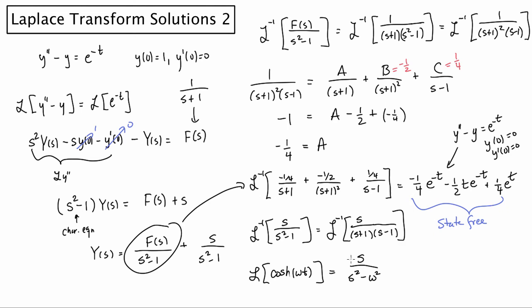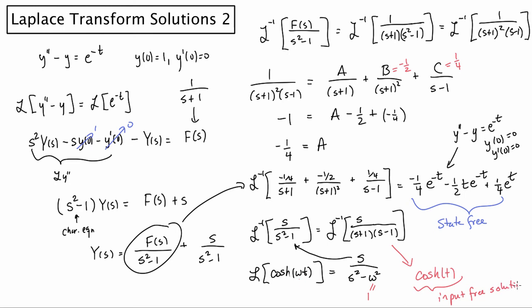And so you can clearly see, comparing this with this, that what we are in fact looking at for this problem is nothing more than the hyperbolic cosine of just t, because omega here is clearly equal to 1. So that is our input-free solution.